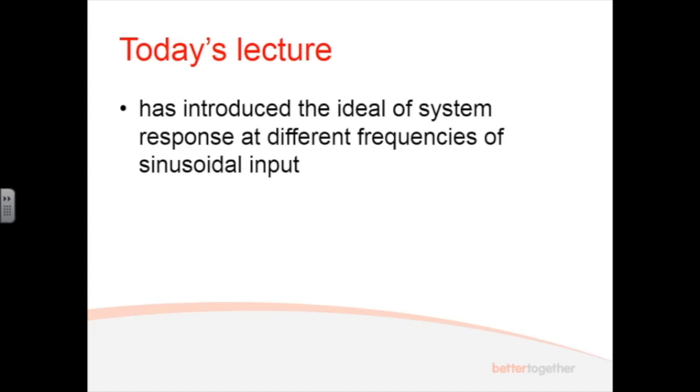And I'll give you a bonus that makes it even more useful. If you wanted to see what a system was, let's go back to the nuclear power station example. You can generate frequency response data like this by making very small perturbations onto a steady signal.